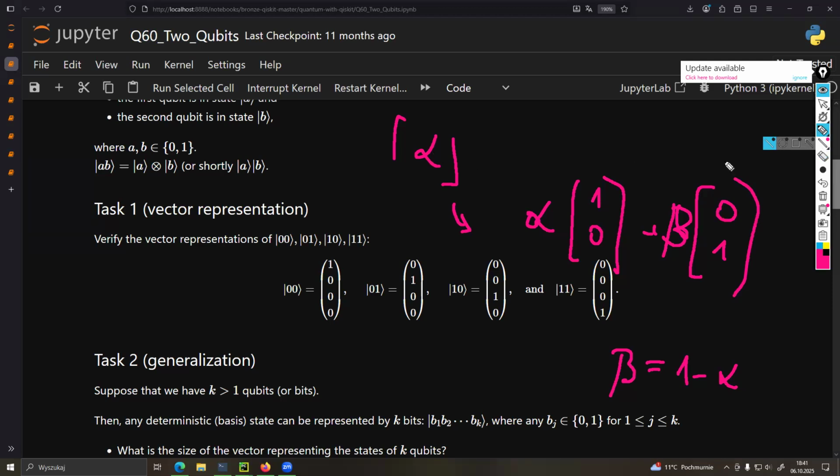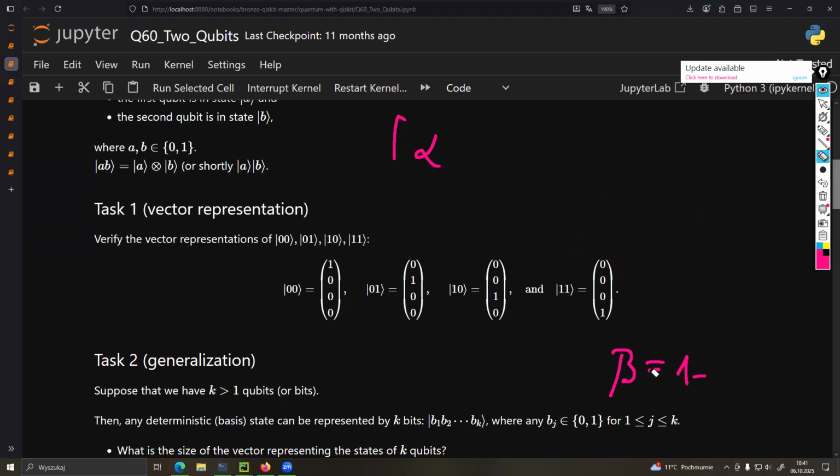And in the same vein, we said that when we have many of these qubits, alpha, beta, we have a linear combination of states, now let's say we have 4, like here.